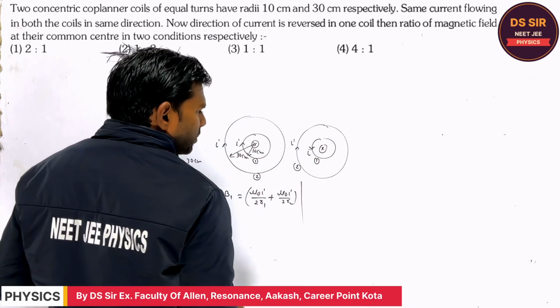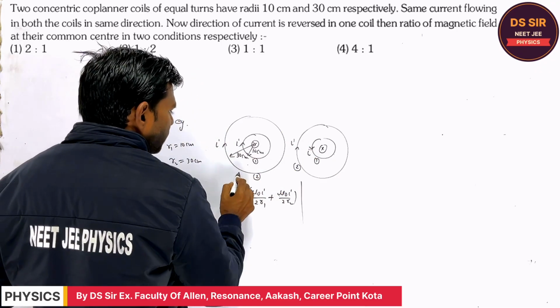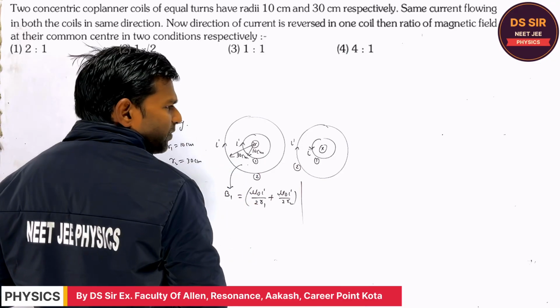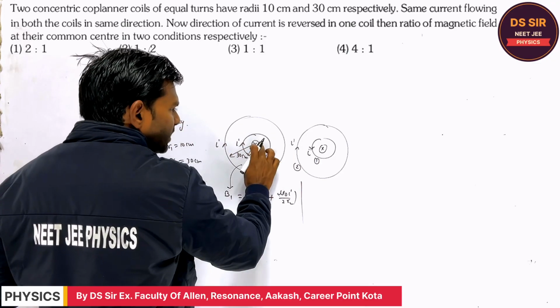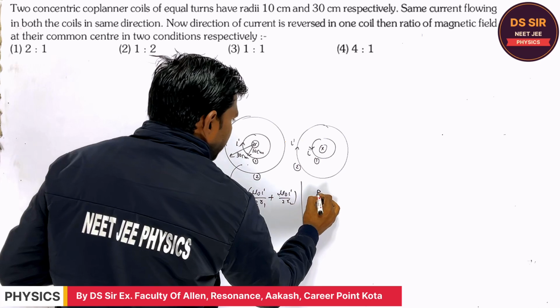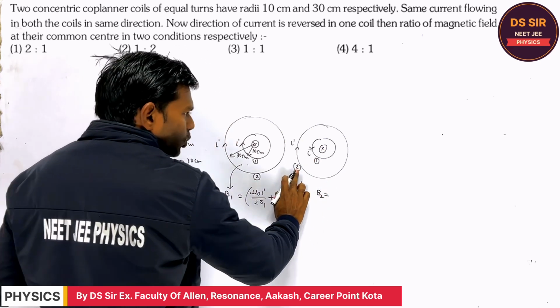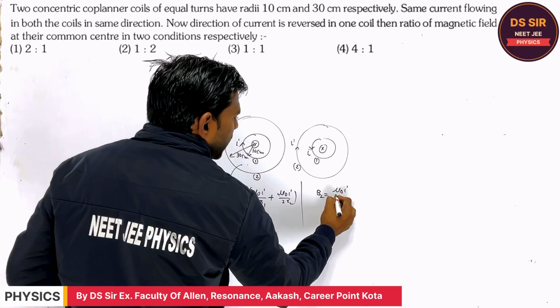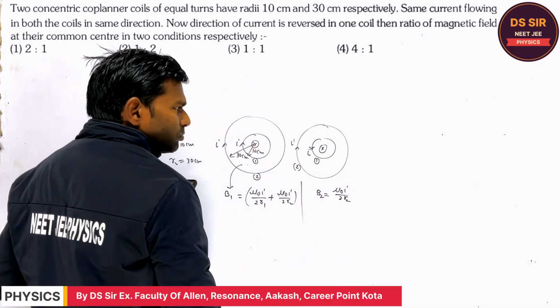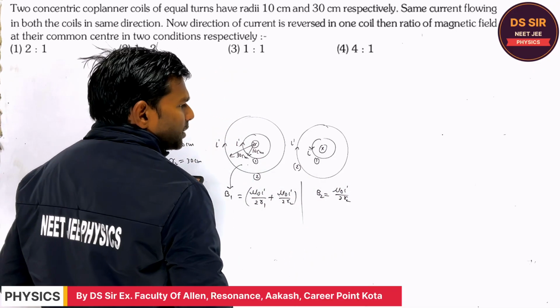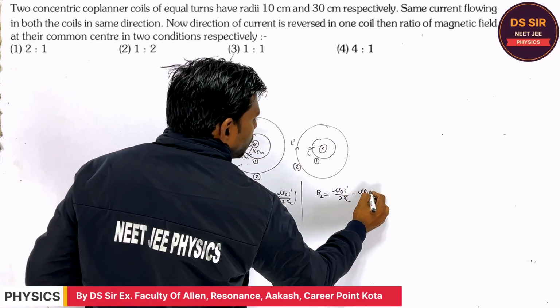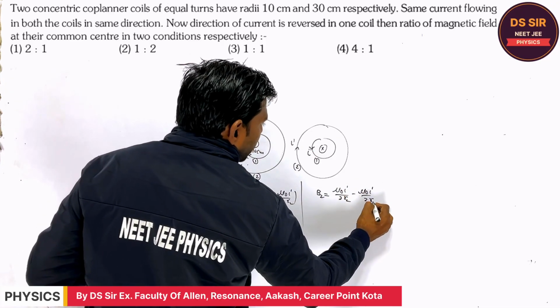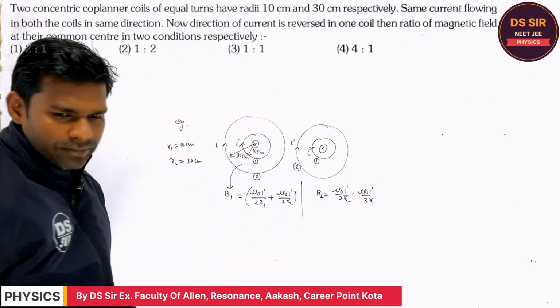Are you getting or not? So in this figure, this is the first magnetic field at the center. In this figure, due to this big coil, the magnetic field is mu naught I upon 2R2, right, minus mu naught I upon 2R1. Is it clear or not, you tell?